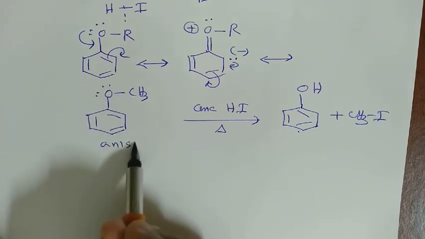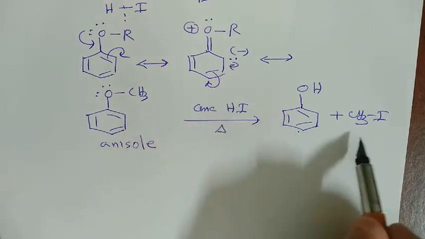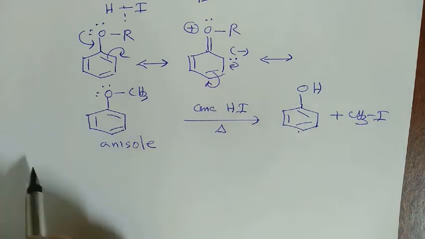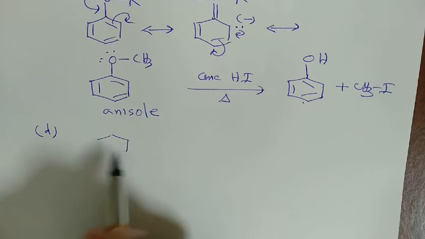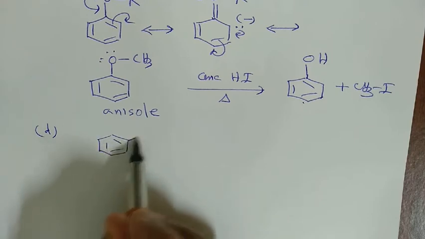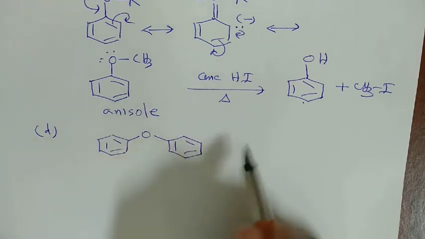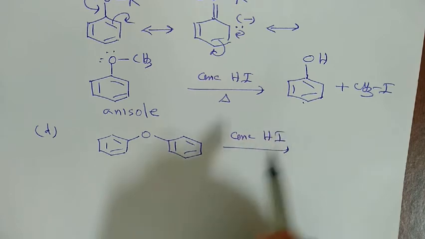Anisole on heating with concentrated HI gives a mixture of phenol and iodomethane or methyl iodide. Ethers like diphenyl ether do not undergo cleavage even on boiling with concentrated HI.